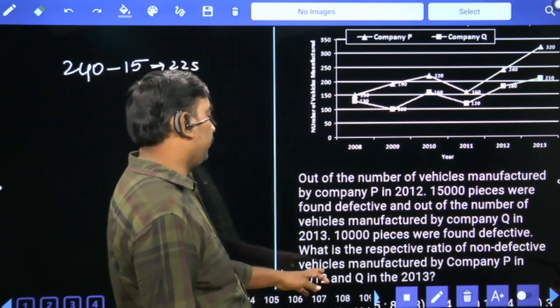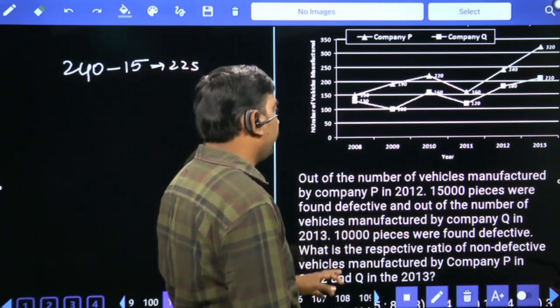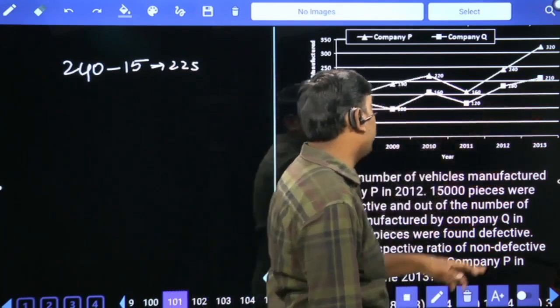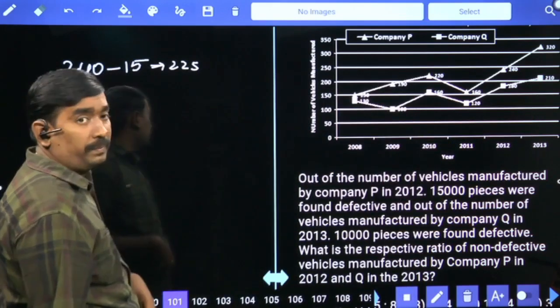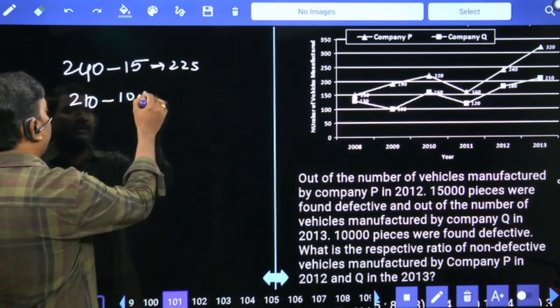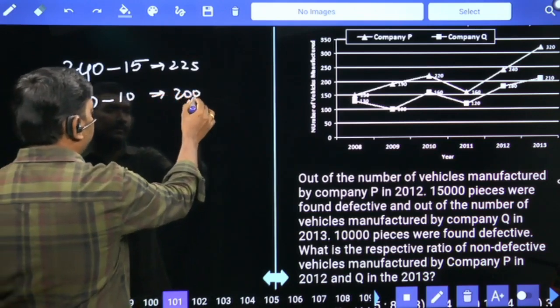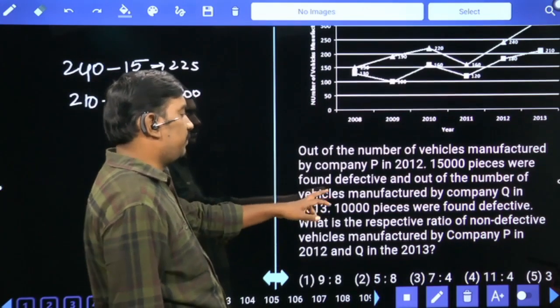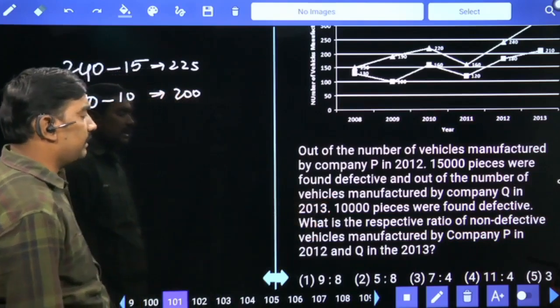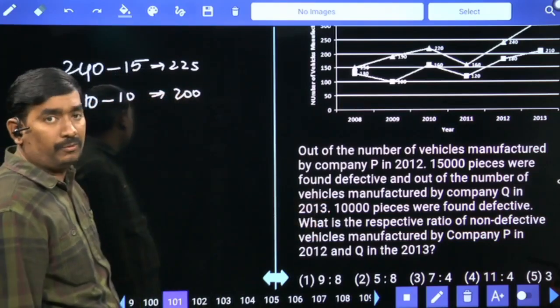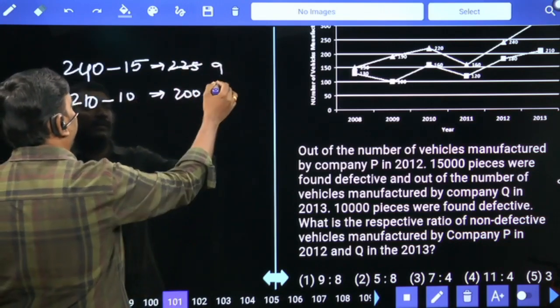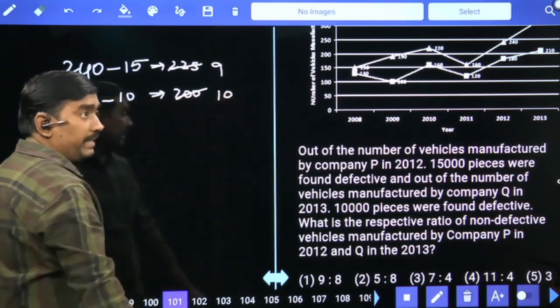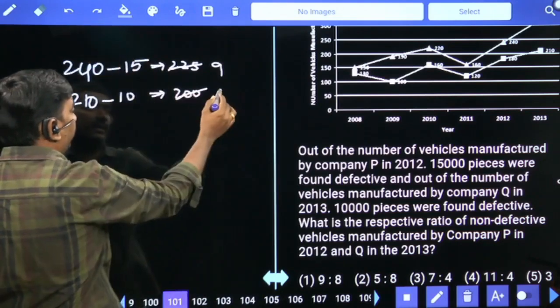And out of the number of vehicles manufactured by Company Q in 2013, 10,000 pieces were found defective, means non-defective are 200. What is the respective ratio of the non-defective vehicles manufactured by Company P in 2012 and Q in 2013? 25 9 times, 25 8 times, 9:8 is your answer.